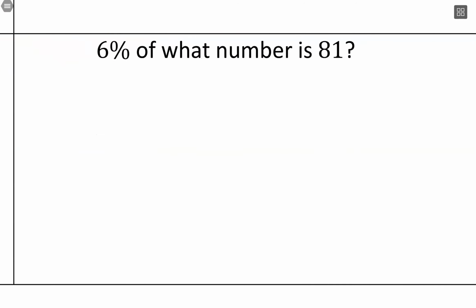All right, one more here. So we have 6%. So that's telling us the rate of, which is our multiplication. And then we have what number, which would be our base, is 81, which would be the amount. So we need to change to the rate.